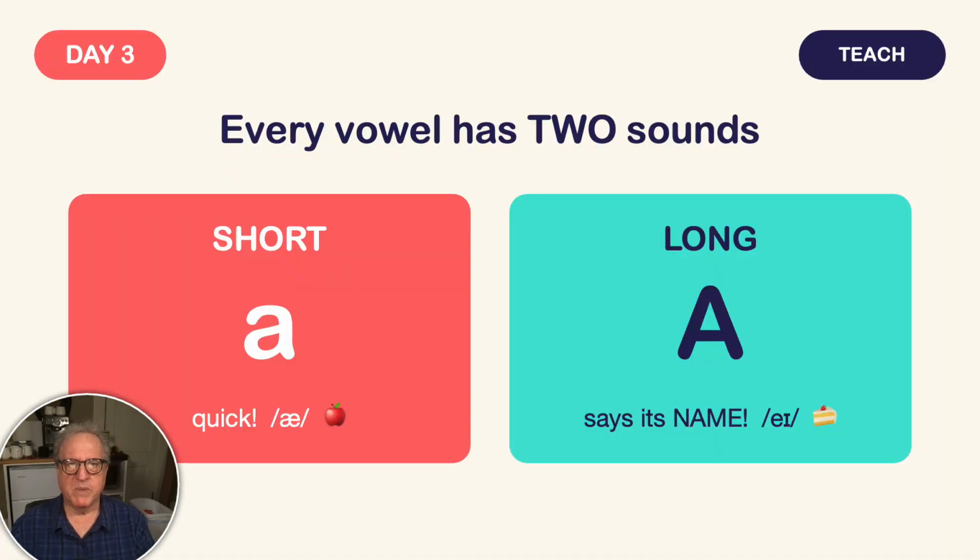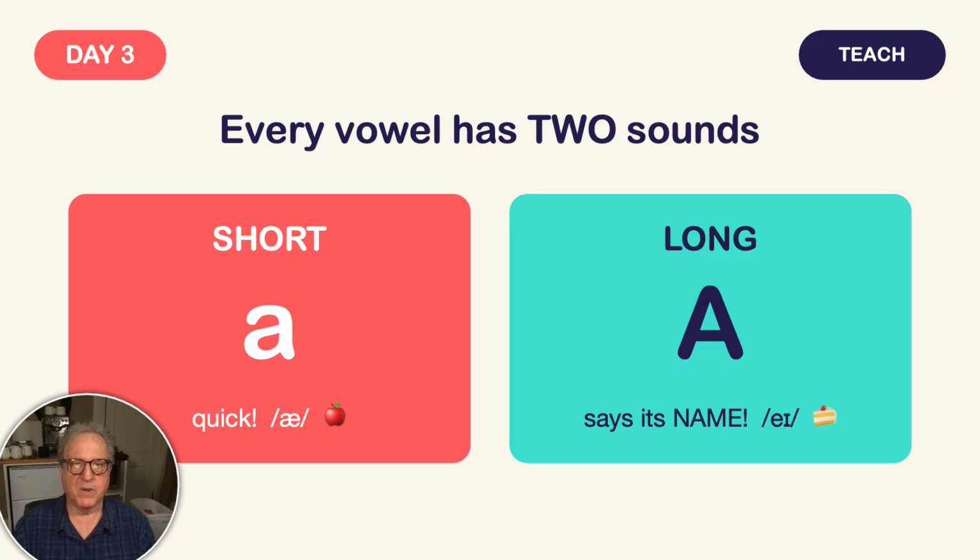So let's remember the big idea. Every vowel has two sounds. A quick and small sound like apple, but there's also something called a long A, and it's a long vowel sound. A long vowel sound says its name.